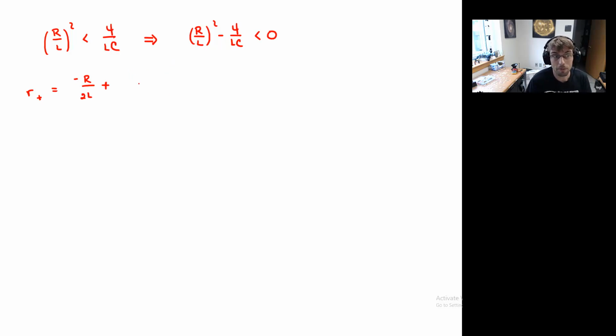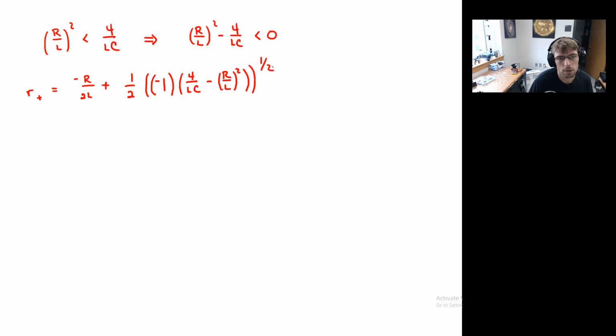So I'm going to swap the order here. What I'll have is a negative 1 times 4 over LC minus R over L squared, and that whole thing is square rooted.